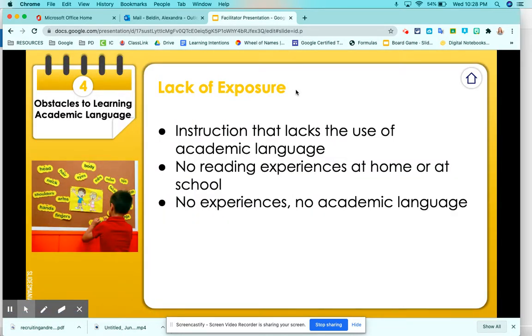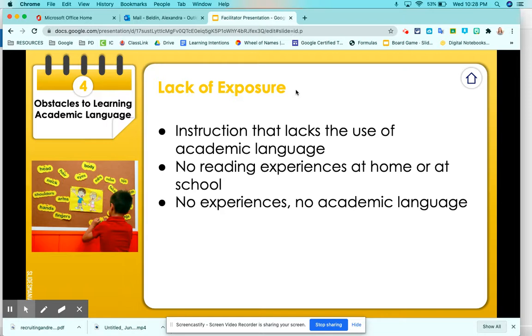Another obstacle to learning academic language is lack of exposure. So instruction that lacks the use of academic language, this is saying that teachers sometimes aren't using academic language that our ESOL students need desperately. There could be no reading experiences at home or at school.